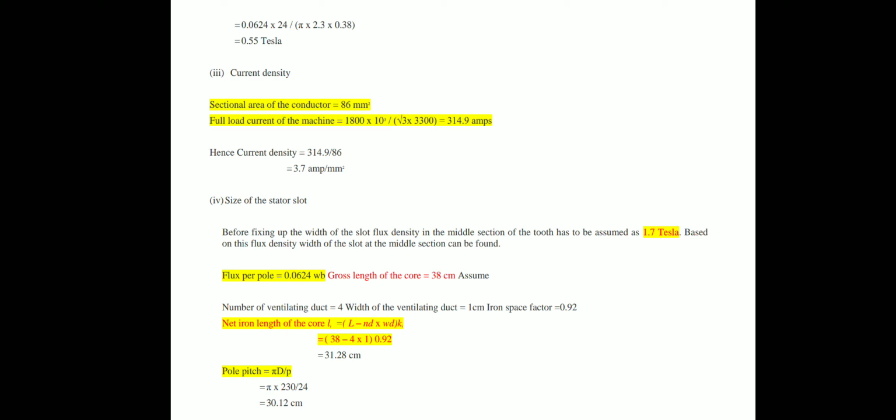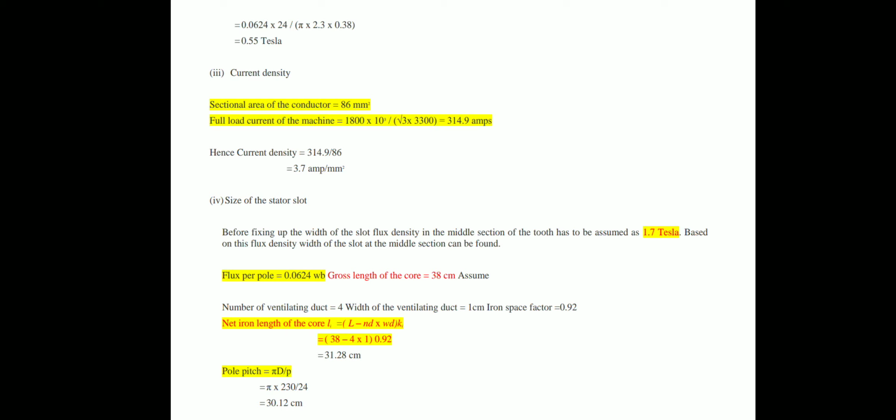Iron space factor is equal to 0.92. Net iron length of the core Li is equal to L minus Nd into Wd, into Ki, is equal to 38 minus 4 into 1.